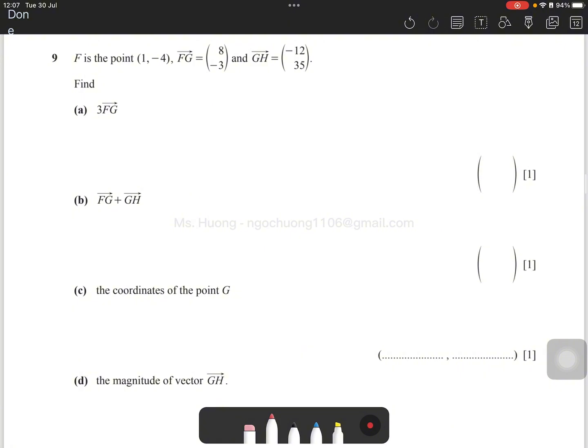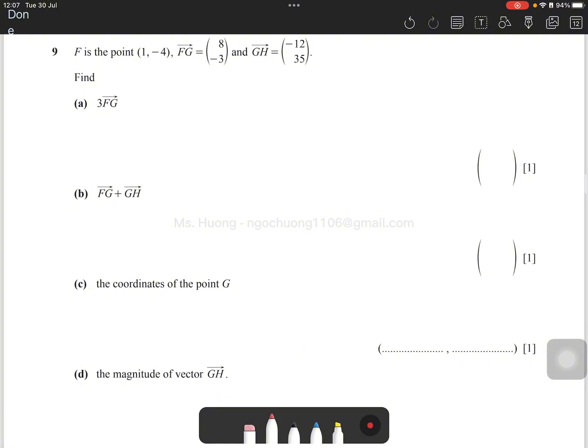Question 9. F is the point (1, -4). FG is the vector (8, -3), and the vector GH is (-12, 35). So we find 3 times the vector FG, which means 3 times (8, -3). 3 times 8 is 24. 3 times -3 is -9.